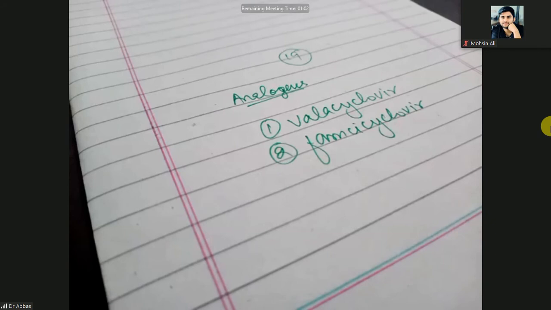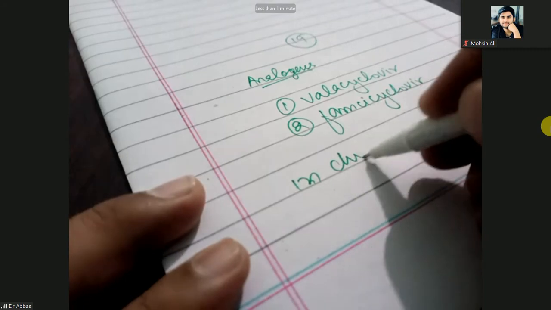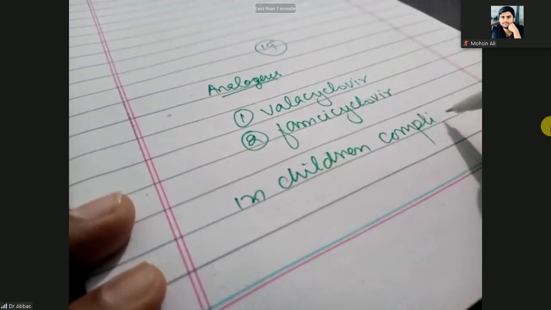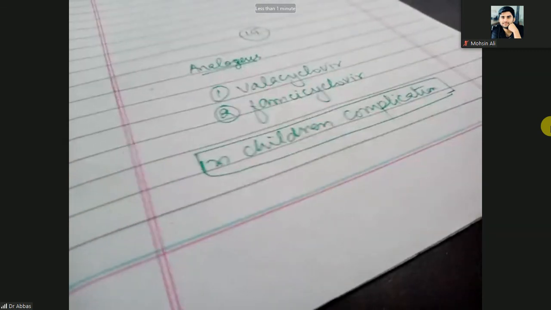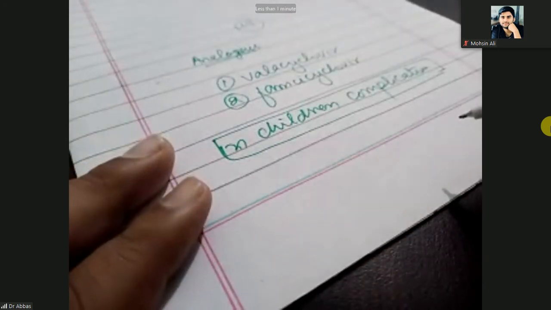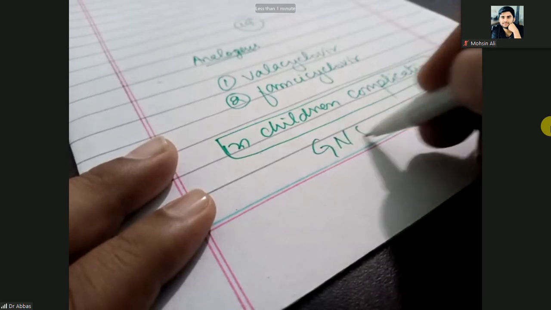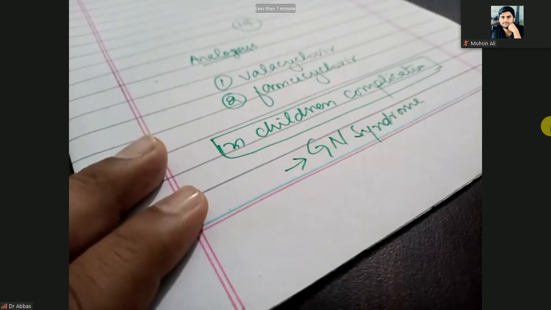But there are other complications in children. We have discussed the complications in adults. Now there are some complications in children. Actually, in children, it can cause glomerulonephritic syndrome, GNS.